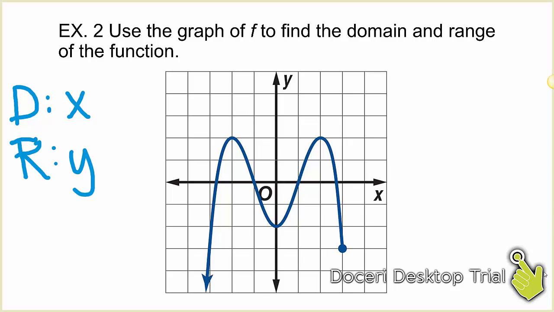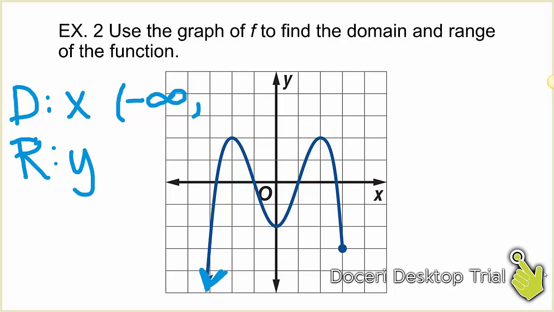Okay, so we're going to be looking first off left to right and see how far this graph goes left to right. Well, I can see that there's an arrow down here at the bottom, and it's going to keep going down. As the graph is going down, it's actually going to be going further and further to the left. So for the domain then, the farthest left that this graph is going to go is actually going to be negative infinity, because the further down, the further left it's going to go.